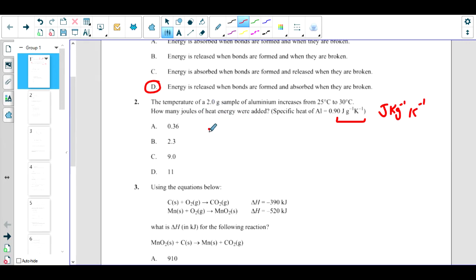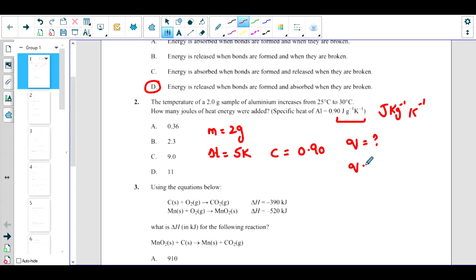Here we already have mass, which is 2 gram, and delta T, if you convert it into Kelvin, will still be 5 K, because you add 273 here and 273 here, the difference will still be the same. And specific heat is given, which is 0.90. You want to find Q, the amount of heat.